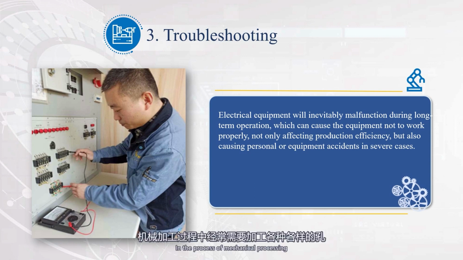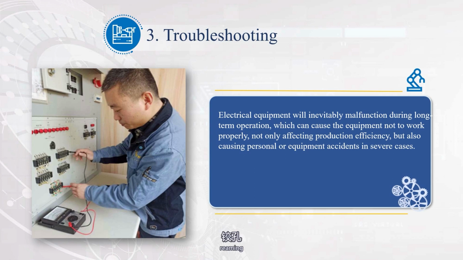In the process of mechanical processing, a drilling machine is a widely used hole processing machine tool, mainly used for drilling holes with low accuracy requirements. It can also be used for expanding, reaming, boring, and tapping threads.